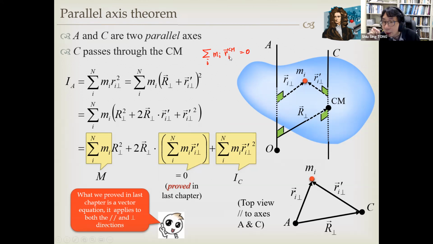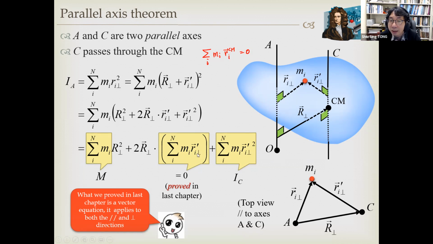If you have your origin located at the center of mass, and you point to different pieces, and the vector is RiCM. The subscript CM means the origin is now at center of mass. Okay, if I have mi here, I have a vector that points from the CM, the center of mass, to that point. I call this vector RiCM. And you form a sum of this over the whole body, you will get 0.